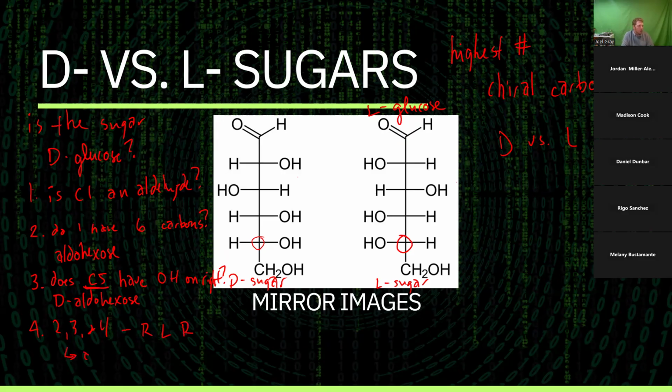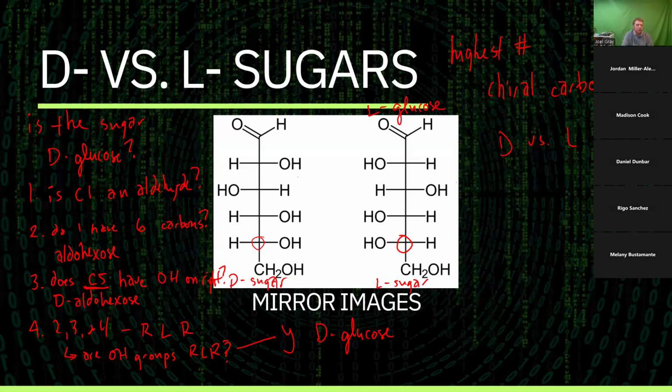And are my OH groups RLR? That's my question. As soon as I can answer yes to that, then I say, okay, this is D-glucose. So what I'm trying to do is say, is the sugar that I'm looking at D-glucose?